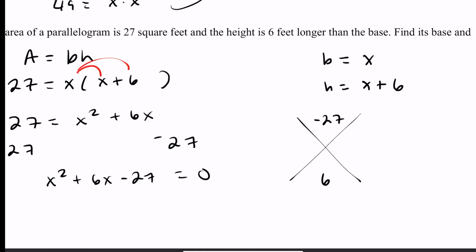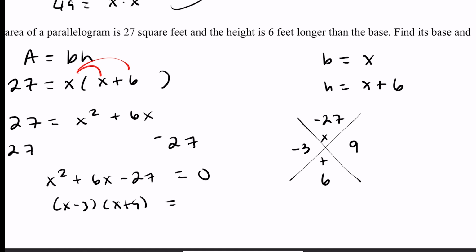What two numbers multiply together to give me negative 27, but add up to 6? -3 and 9. So -3 times 9 is -27. But if I add these two numbers, that's going to give me 6. Perfect. So how should I rewrite x squared plus 6x minus 27? X minus 3 and x plus 9.